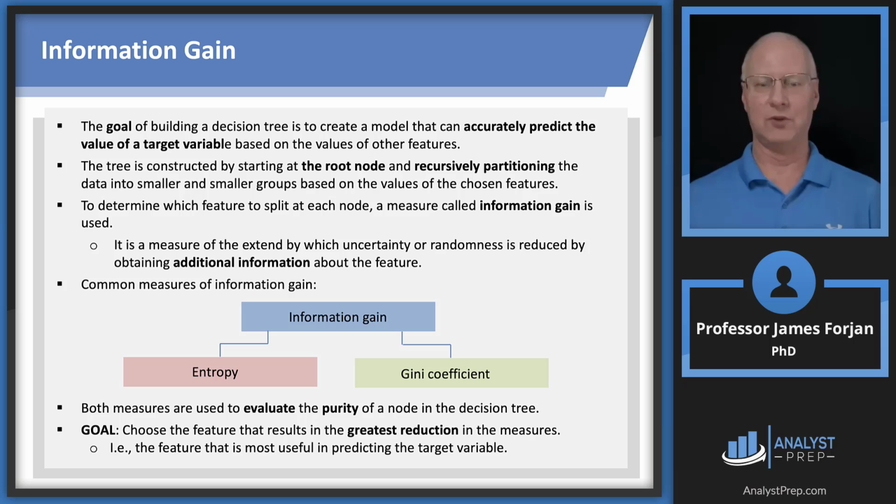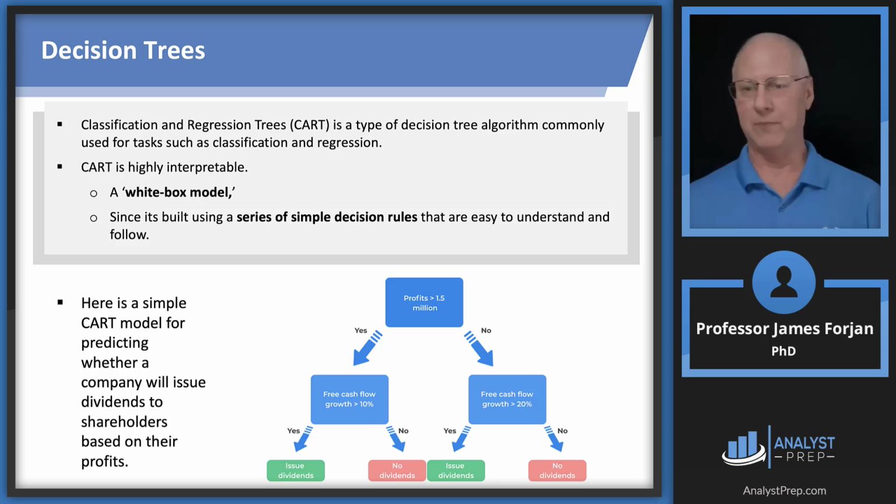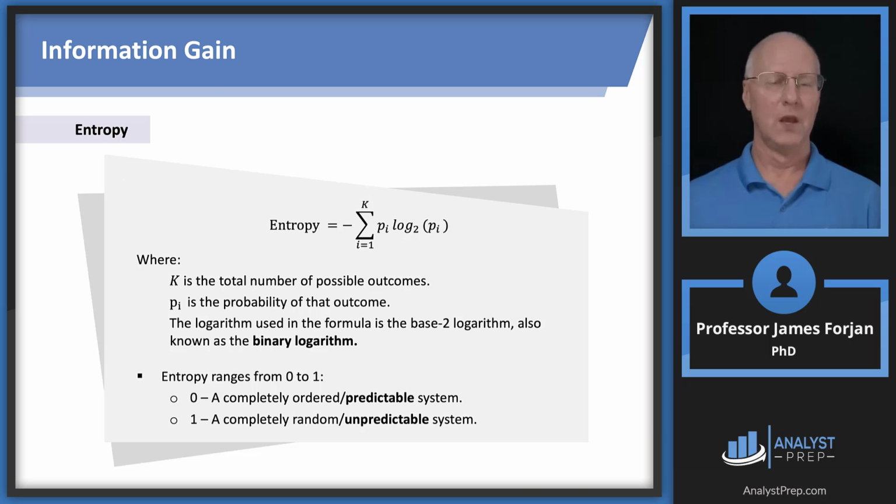All right, so what are we trying to do? Look at the goal at the bottom. Choose the feature that results in the greatest reduction in the measures, which means the most useful feature in predicting that target variable, which back here was whether the firm pays a dividend or does not. All right, so let's go ahead and work through just a quick example. Let's first do the equations here. So there's entropy. We're summing from i equals 1 to k.